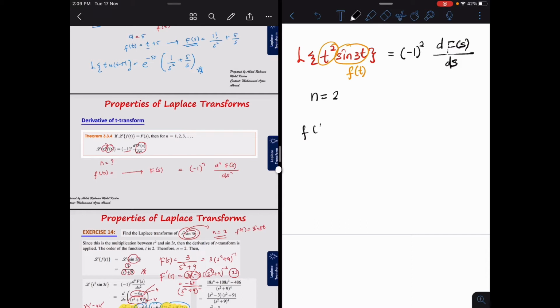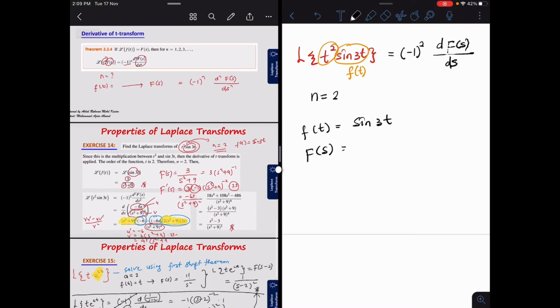So now we have our f(t) sine 3t, and then when we Laplace the function of f(t), we will have a over s squared plus 9, 3 squared. So this is our F(s).